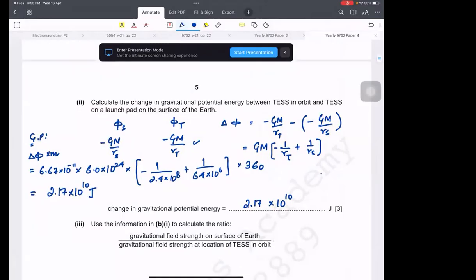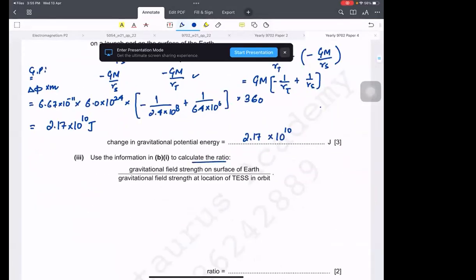Okay, then use your information to calculate the ratio of gravitational field strength on Earth and gravitational field strength on the test. Okay, we could do this. Gravitational field strength is given by GM upon r square. So this is on the surface. We can write Earth and gravitational field strength on the test.